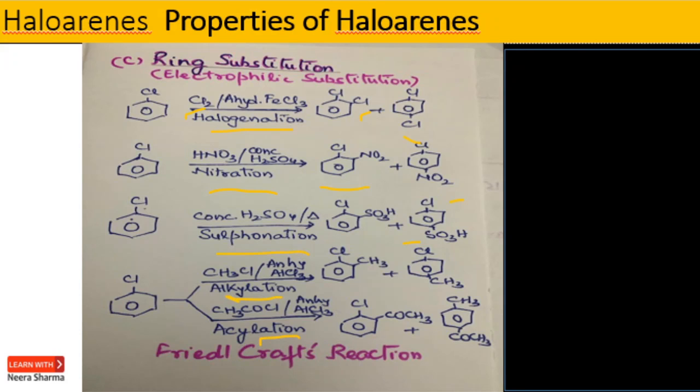So in alkylation, the alkyl group gets attached to the reactant, and because it is ortho para directing, at the ortho and para positions. In acylation, CH3COCl, this acyl group COCH3 gets attached either at the ortho or at the para position.